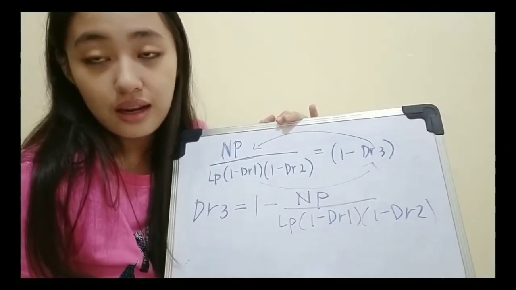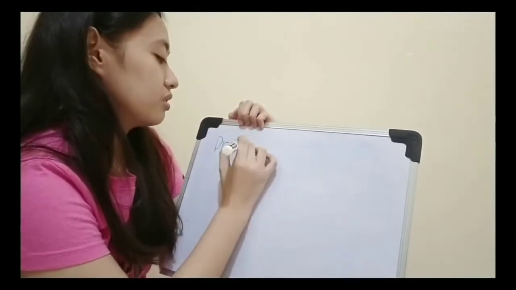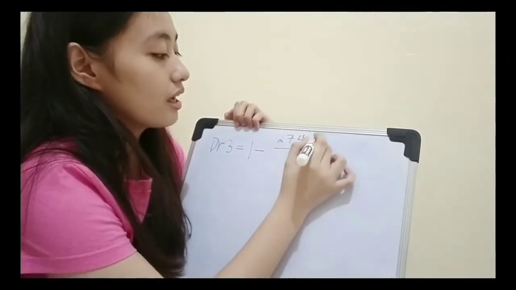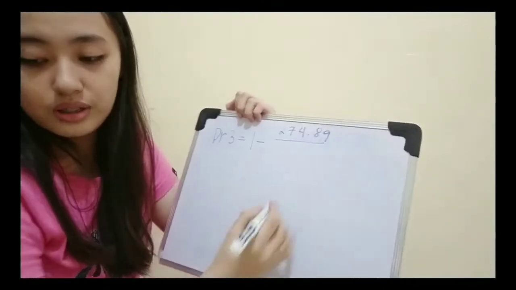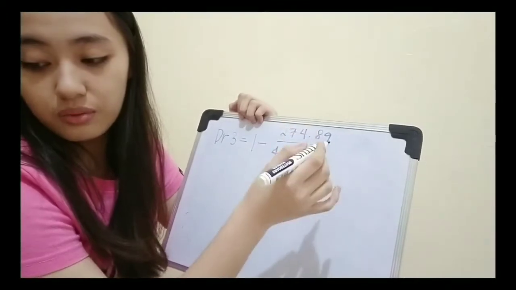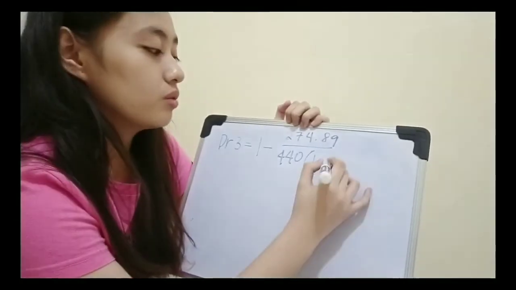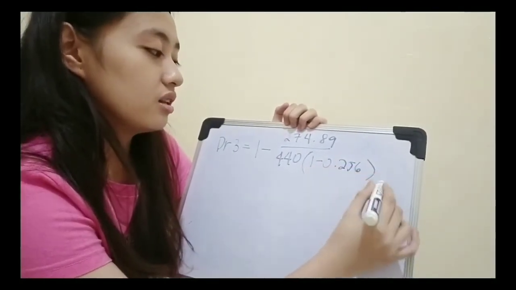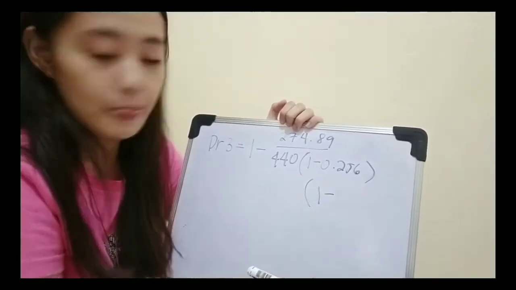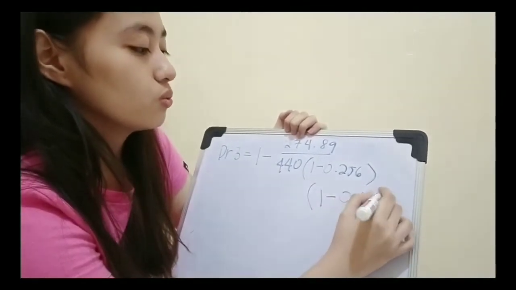Ngayon, ang gagawin na lang natin ay to substitute the values. So, discount rate 3 is equal to 1 minus your net price, which is 274.89, and then over yung list price 440 times 1 minus discount rate number 1, 25.6%, and when converted to decimal point, it will become 0.256, and then times 1 minus discount rate number 2 na 15.2%, and when converted to decimal naman ay 0.152.